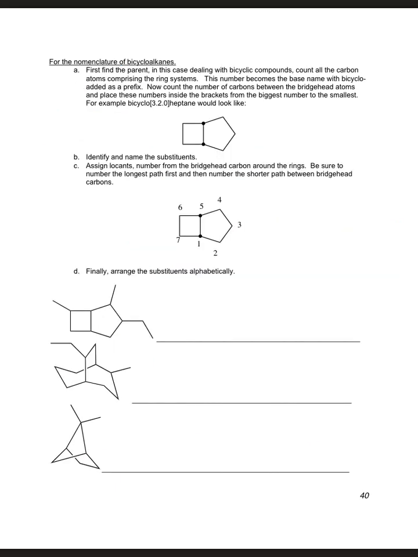For the bicycloalkanes, we need to count the number of carbons in the bicyclic system, starting from a bridgehead, numbering around from one bridgehead the longest way, then the next longest way, then the shortest way. So this is a heptane because there are 7 carbons in it, so it's a bicycloheptane.